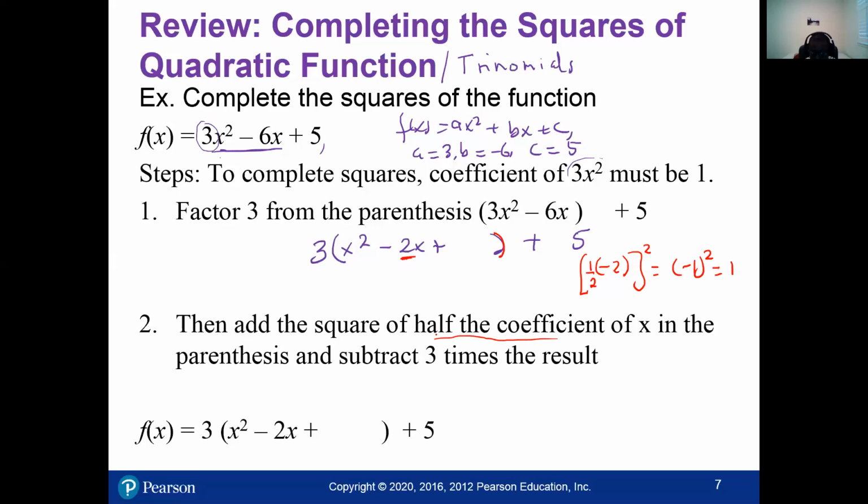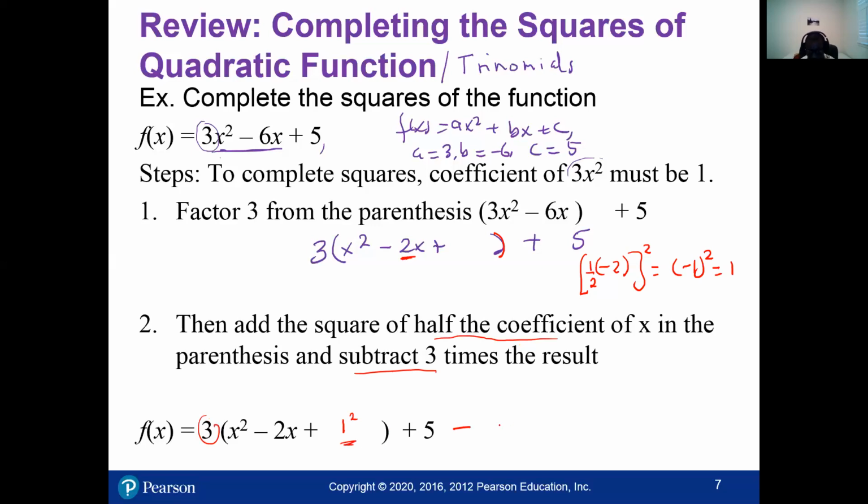that expression. Okay, and that's what I'm going to do here. You're going to add the 1 that we got. Basically we can write 1 squared, which is the same thing. Then, because we are adding, we have to subtract 3 times that value here.